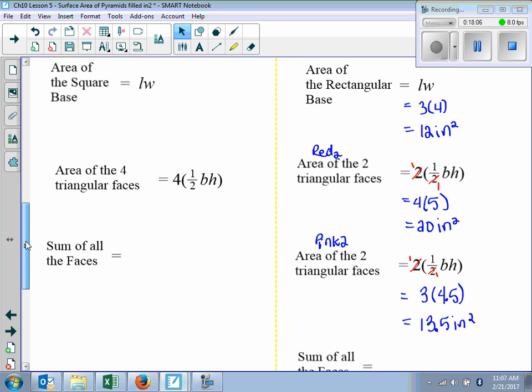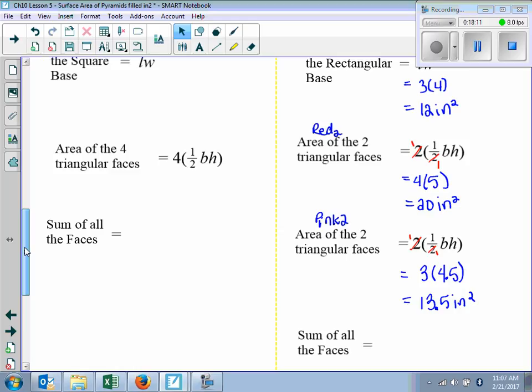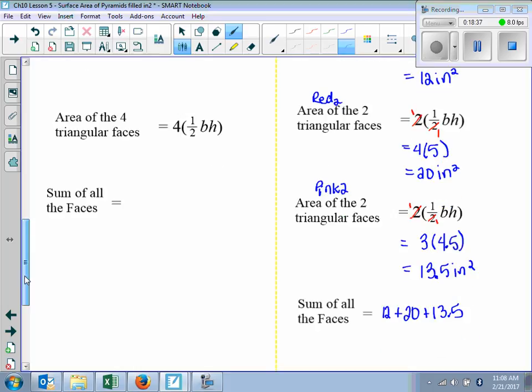So now, to get the sum of all of the faces, which is going to give us the surface area of that rectangular pyramid, we're going to add up all of the faces. So we've got the 12-inch squared base, the two 20-inch squared red triangles, and the two pink triangles, which added up to 13.5 inches squared.